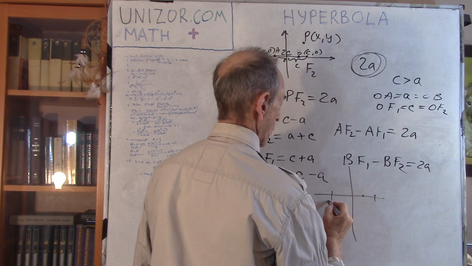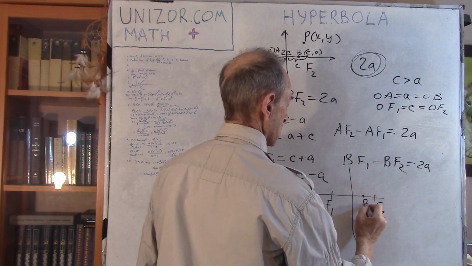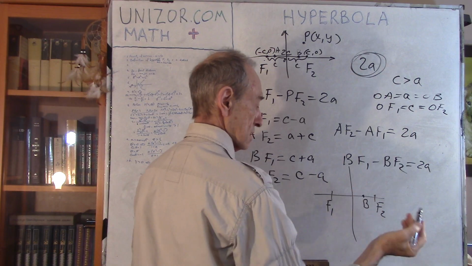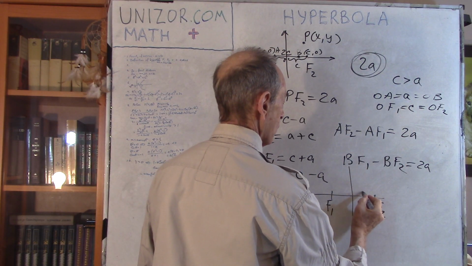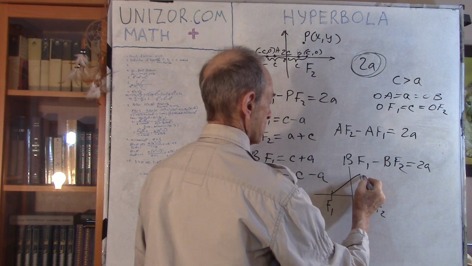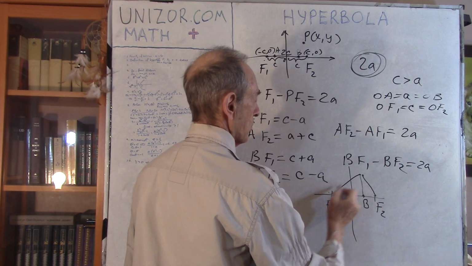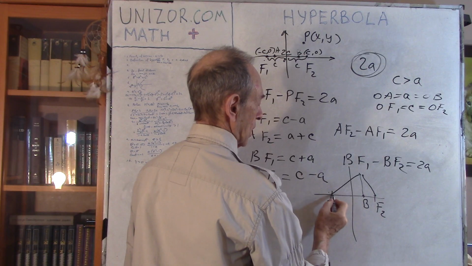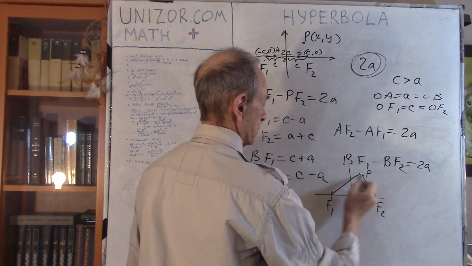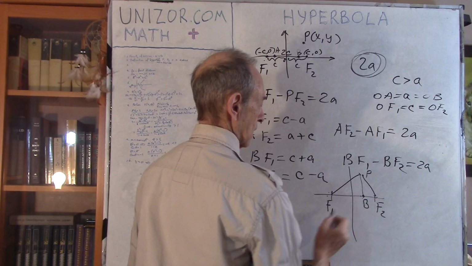This is my point F1, F2. Now this is my point B. For point B, we know that the difference between these distances is 2a. What if we go vertically up? What's the difference between these two? Whenever you are measuring the distance, PF1 minus PF2, compare it with BF1 minus BF2.